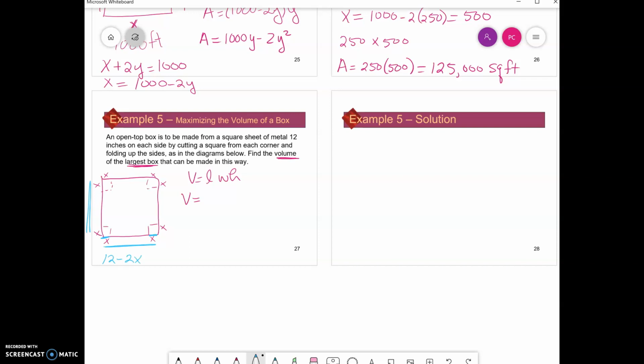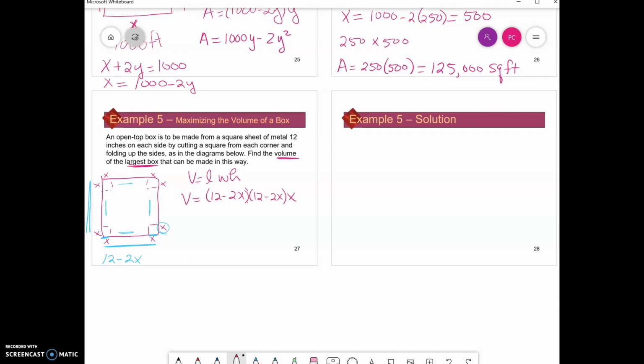And if you're folding those sides up, the height would then become whatever that x value is. So my length and width are 12 minus 2x, and my height is x.